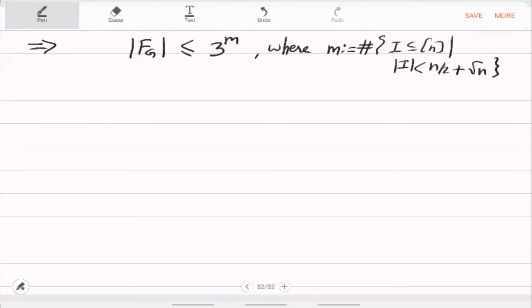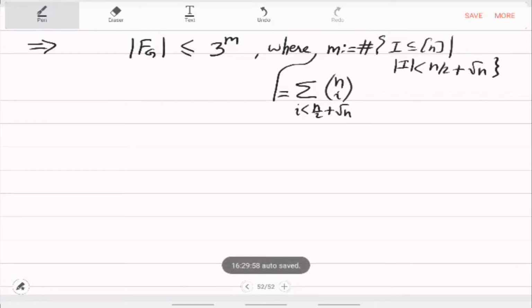So let us estimate this m. So this m is equal to the sum of n choose i for all these i's. Right, so how many subsets are there of size i? That's n choose i. And instead of going all the way to n, we are stopping around n by 2.